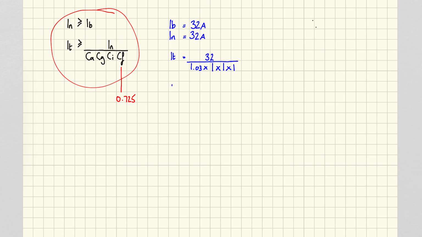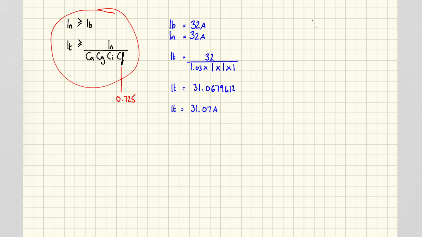This means IT is equal to 31.0679, carries on, 612. So IT, for all intents and purposes here, 31.07 would be fine, and that's in amps.